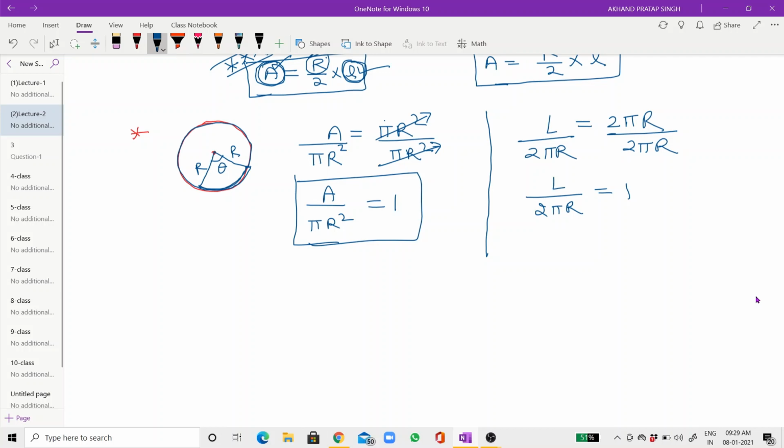So this is another expression. Look, left hand side is equal to right hand side.